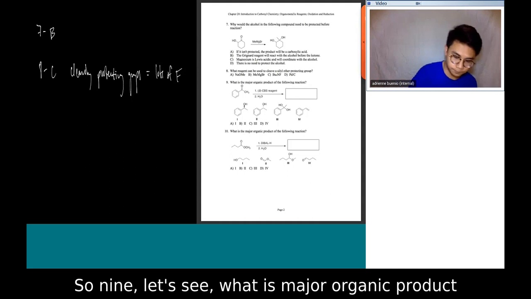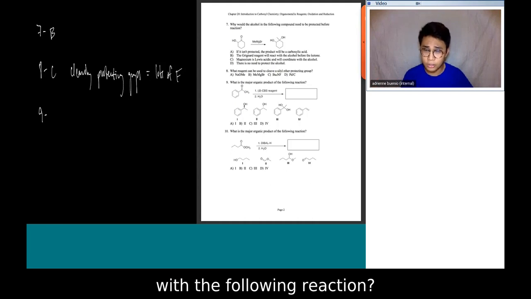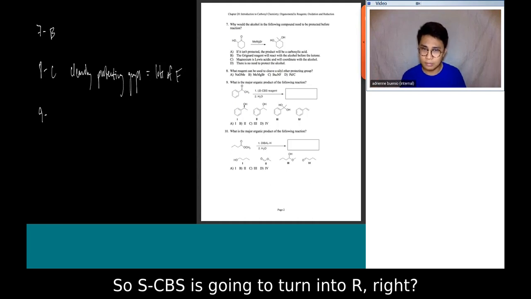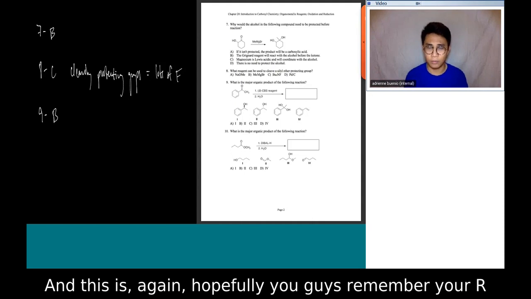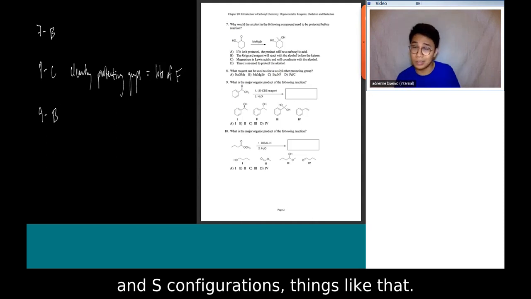So 9, let's see. What is the major organic product of the following reaction? So S is going to turn into R, right? So 9, you guys should have gotten B. And this is, again, hopefully you remember your R and S configurations, things like that.